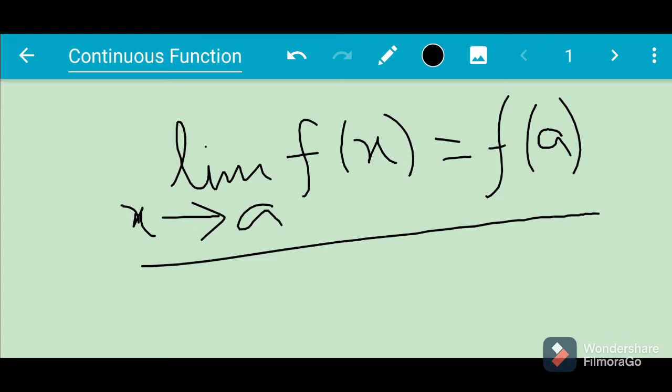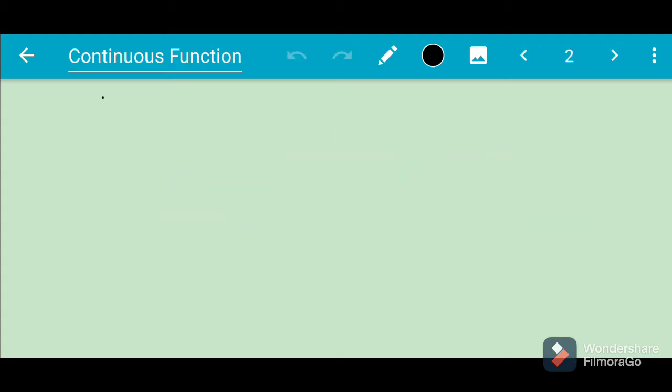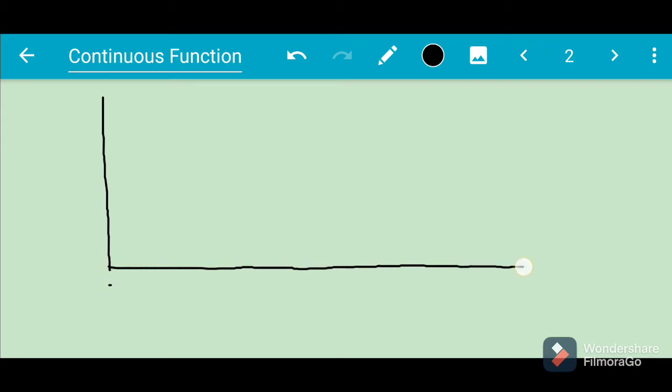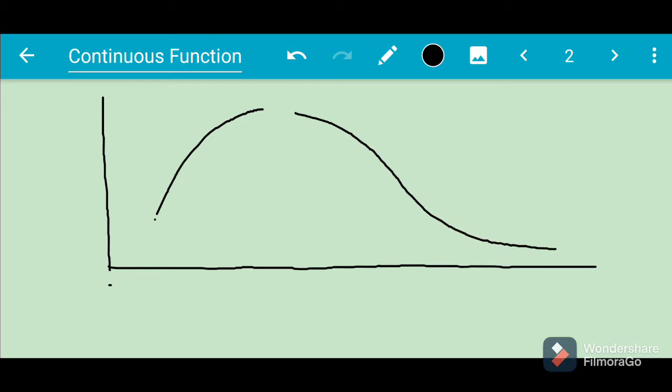If we discuss this part only for the limit case, what happens? Suppose this is a function f(x) defined from a to b.